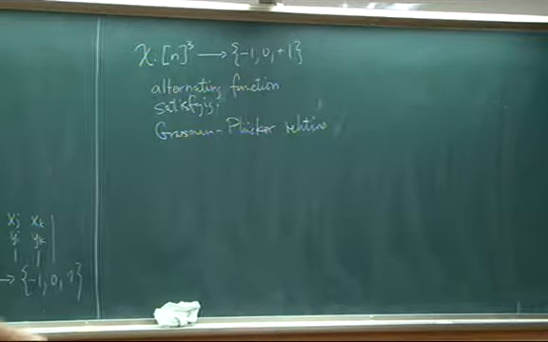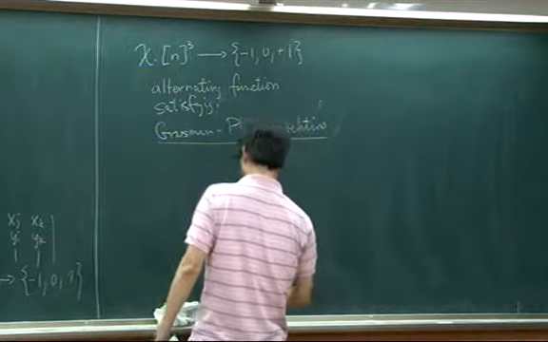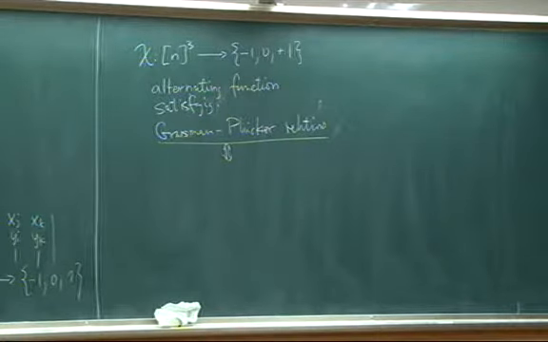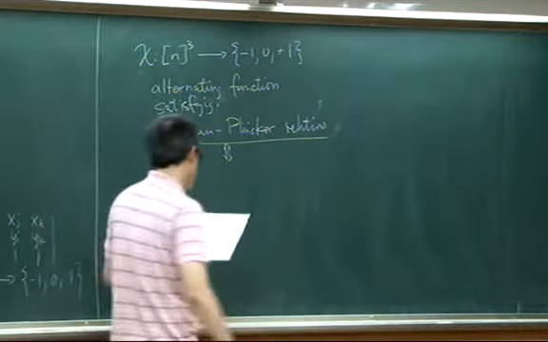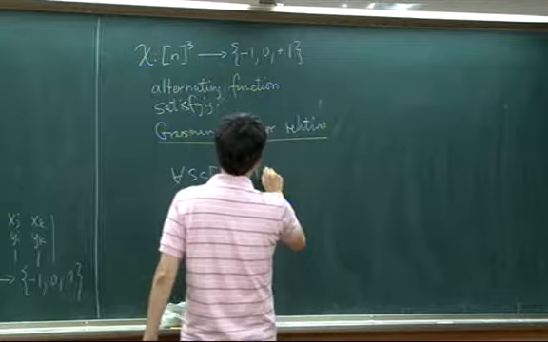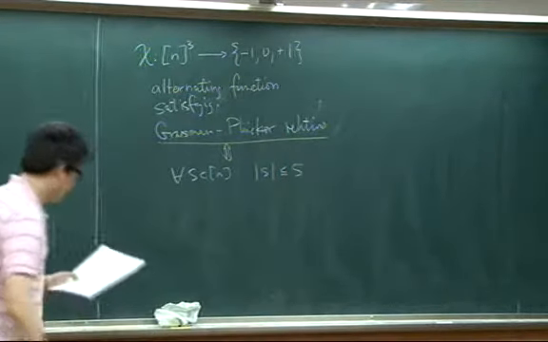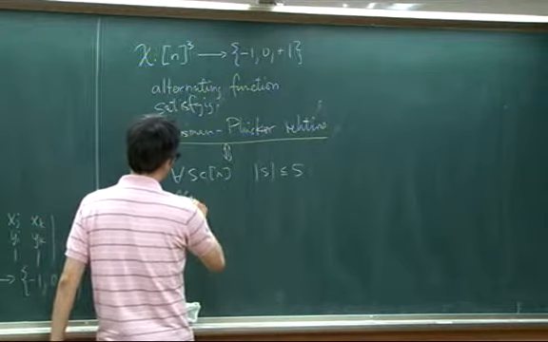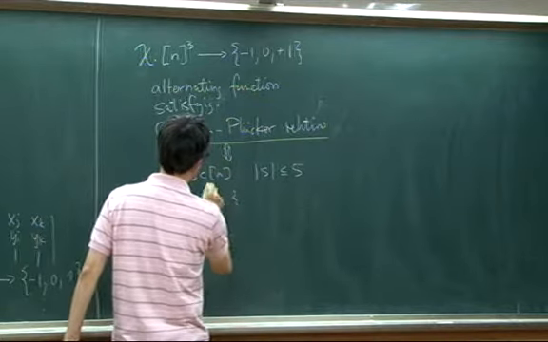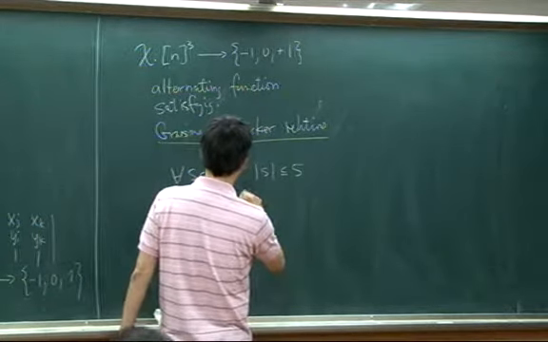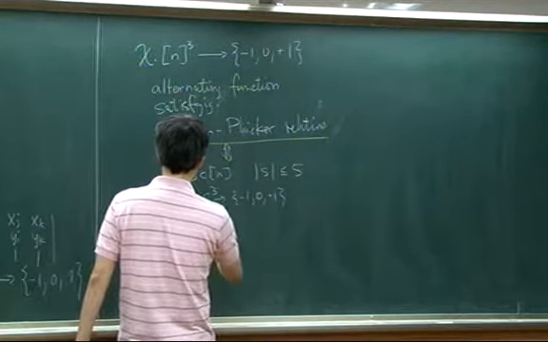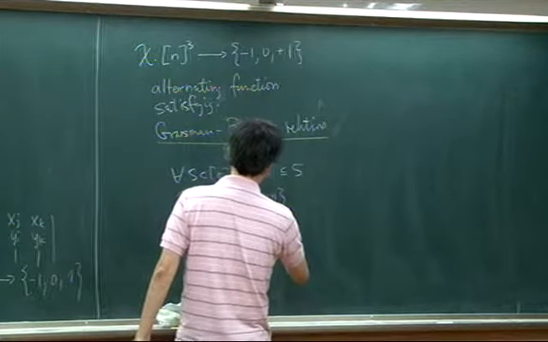Now these are equivalent to the following. And here you need to make the proper modification if you want to go to higher rank. For every subset of n where the size is at most 5, the induced map corresponds to a real matrix.